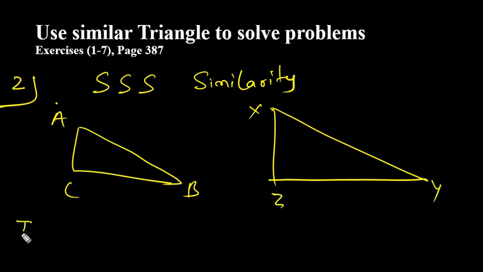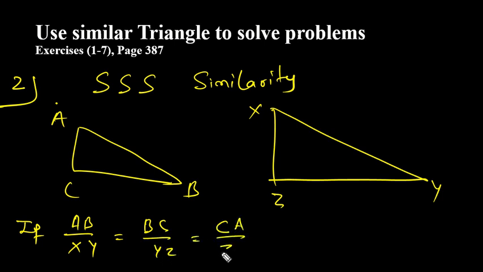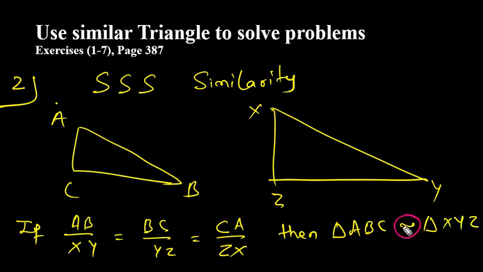And in the question, if it is given that AB over XY, BC over YZ, and CA over ZX are equal, then also you can say triangle ABC is similar to triangle XYZ. If you don't know, this sign stands for similarity. This is how you write similar.